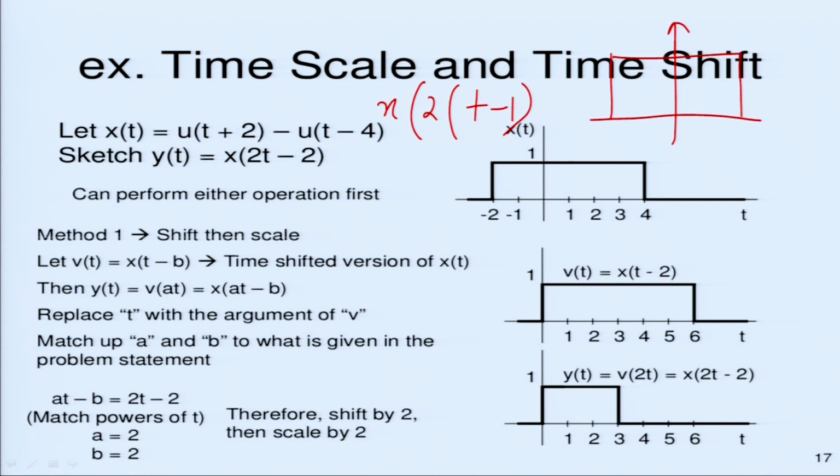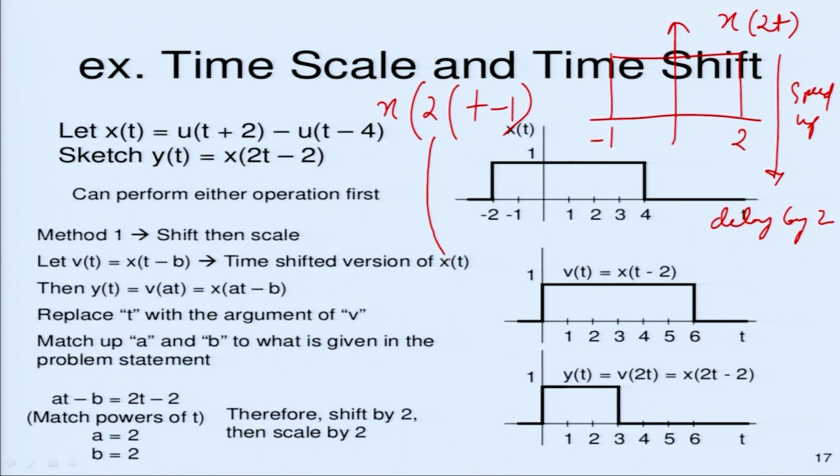So you take 2t. How will we draw 2t? It will reduce, so -2 to 4 becomes -1 to 2. So this is x(2t). Speed up has been done. Now what are we required to do? We are required to delay.